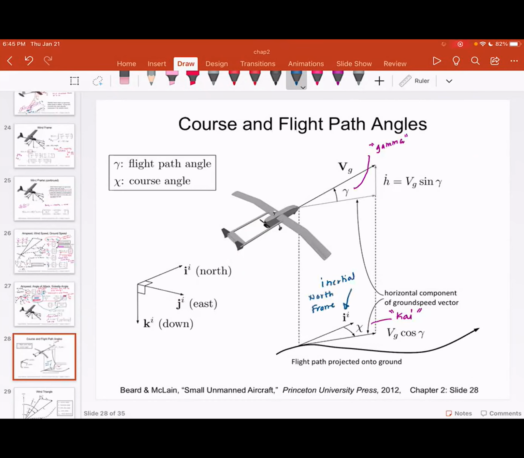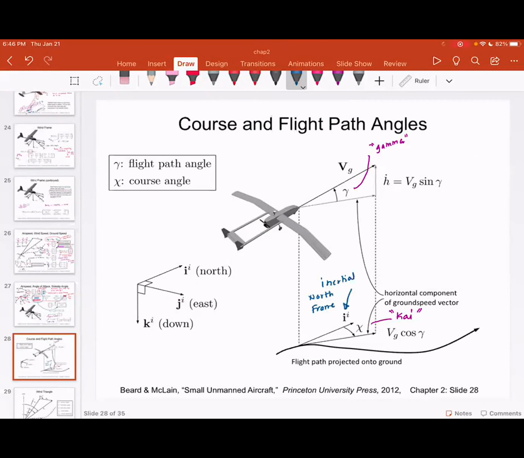And then there is this flight path angle, which is oriented in the direction of the aircraft, and that angle that is made by the aircraft in the vertical projection is nothing but gamma.